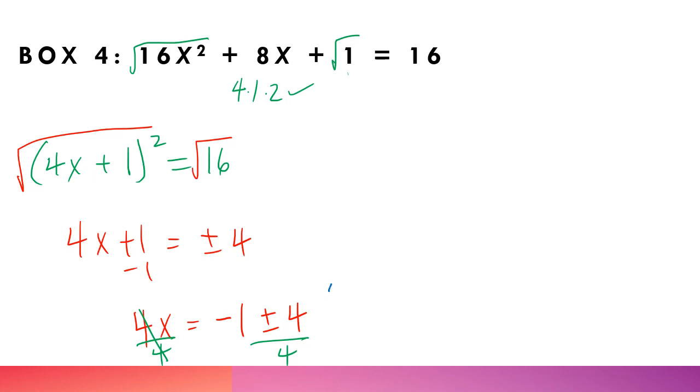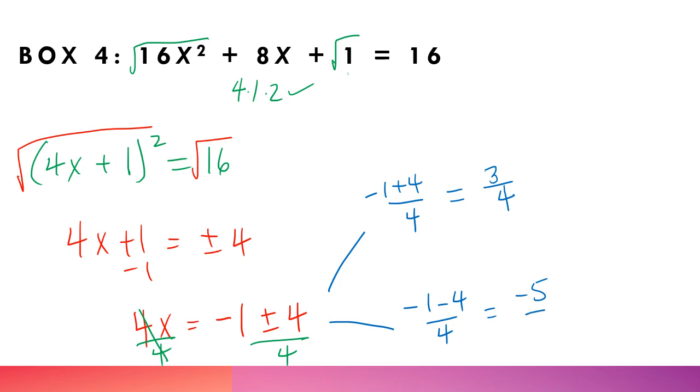Again, that plus or minus 4 means that I have negative 1 plus 4 divided by 4, and negative 1 minus 4 divided by 4. So the first answer, negative 1 plus 4, is going to be 3/4. Negative 1 minus 4 is going to give me negative 5/4.